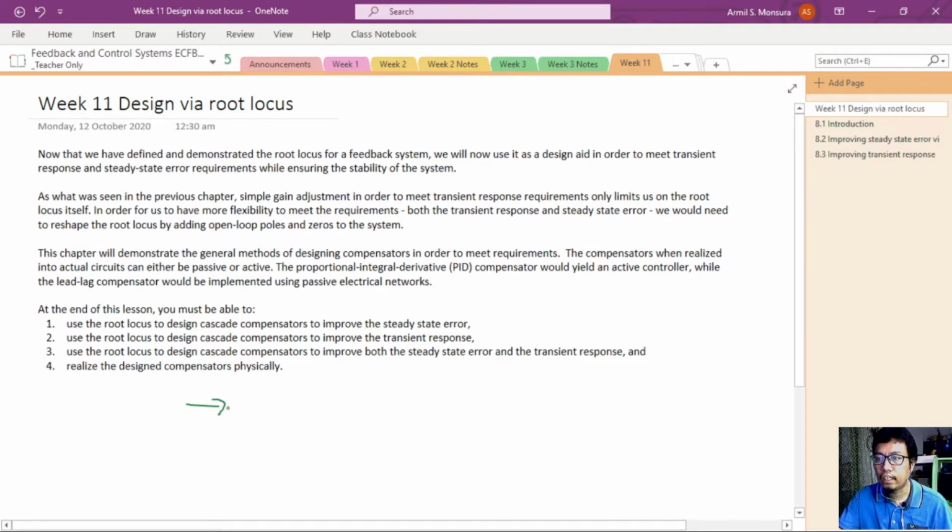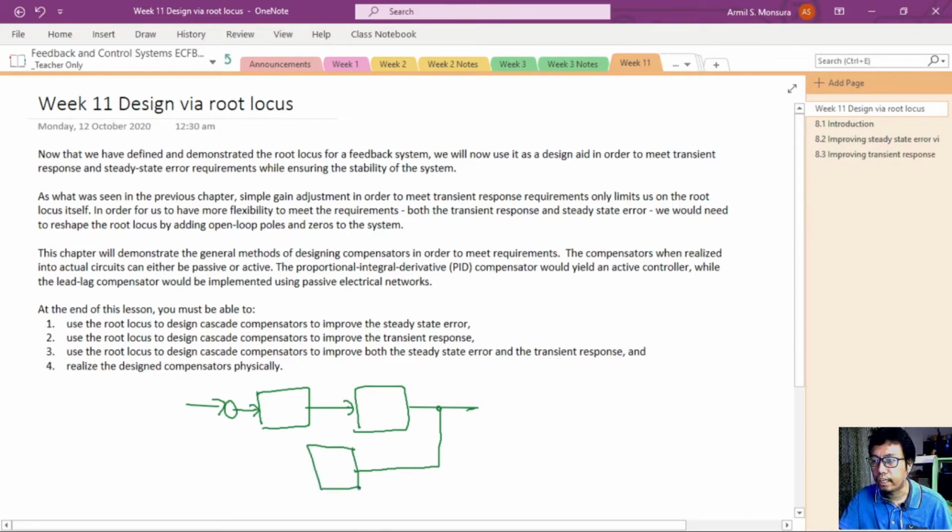yung ating general topology would be something like this one.